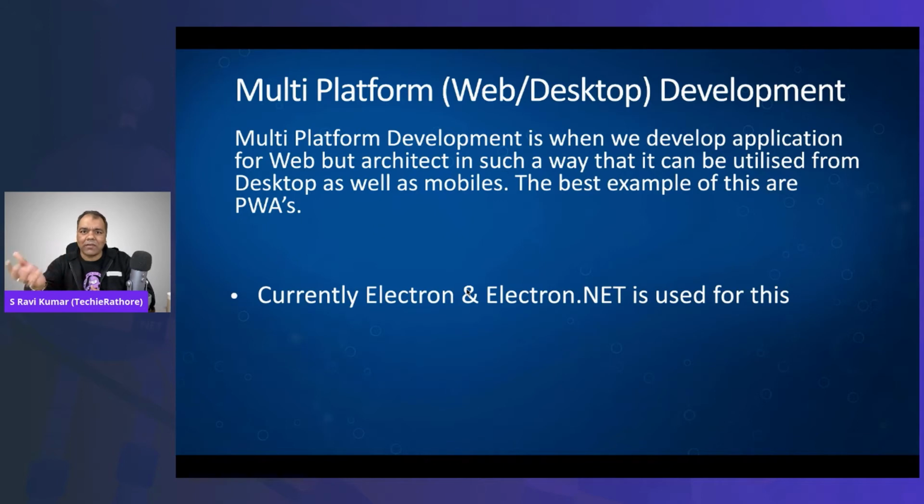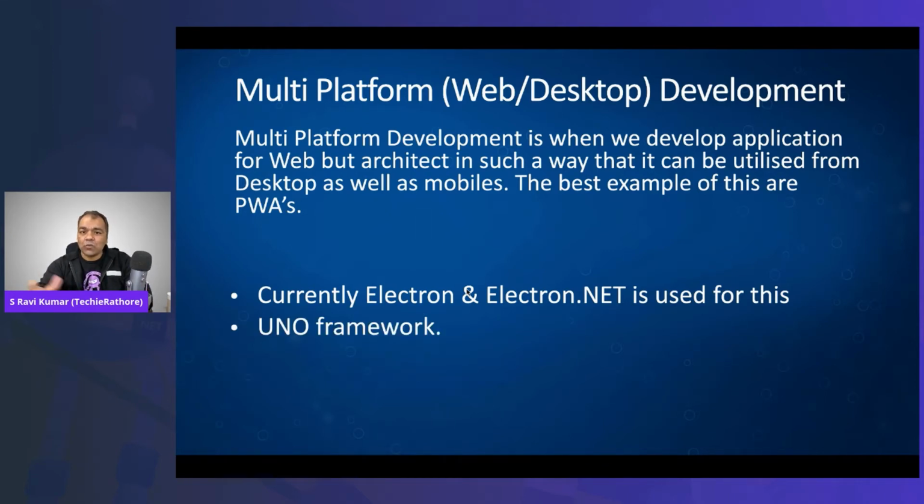So you can use Angular or Vue.js to develop a desktop application which can be executed on various desktop platforms, be it your Mac OS, be it your Windows OS, or be it your Linux OS.